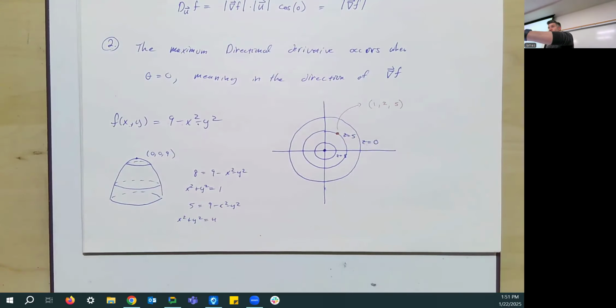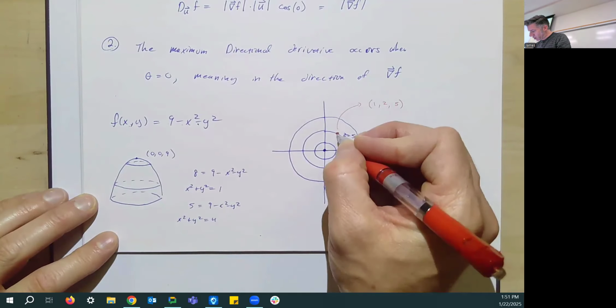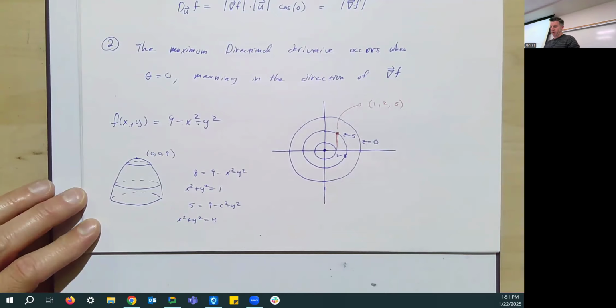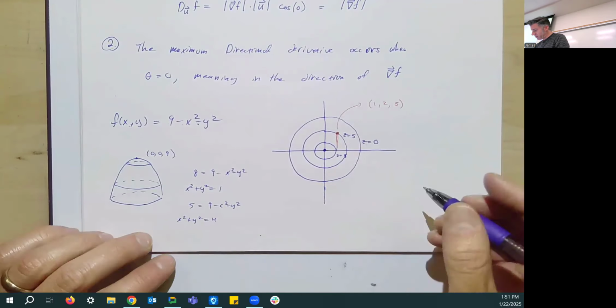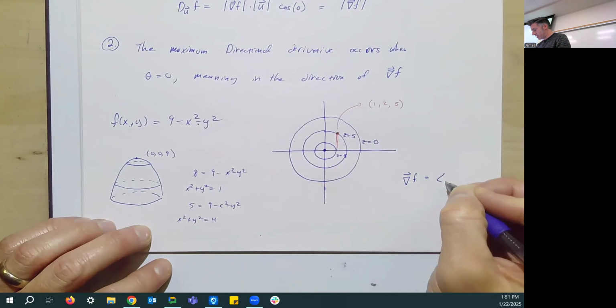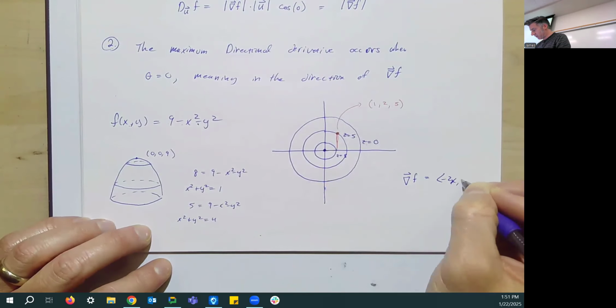Now check this out. If we find the gradient at this point, we've gone over 1 and up 2, and the 5 doesn't really matter for this part. The gradient in general is (-2x, -2y).